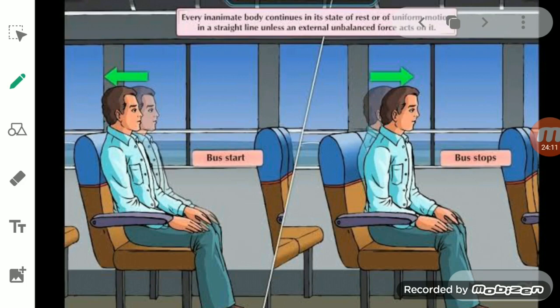Here also an external force is working, and that external force is the air resistance as well as the force of friction acting on the tires of the bicycle. So we can say that if there is no air resistance, or no friction to oppose the motion of the bicycle, the first law of motion can be applied very easily.